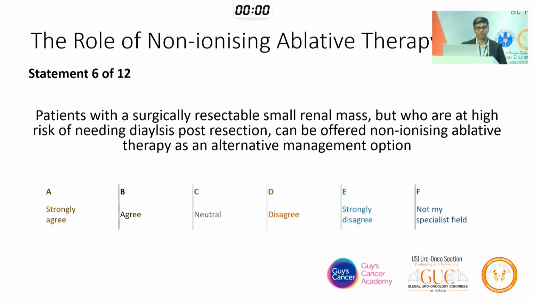Next, patients with surgically resectable small renal masses but who are at high risk for needing dialysis post-resection can be offered non-ionizing ablative therapy as an alternative management option.